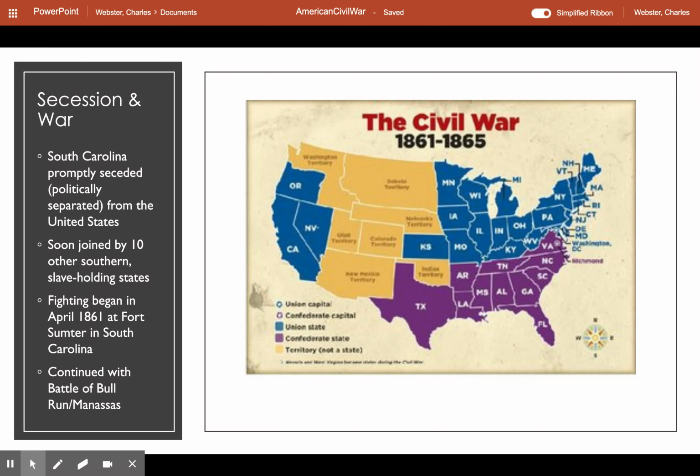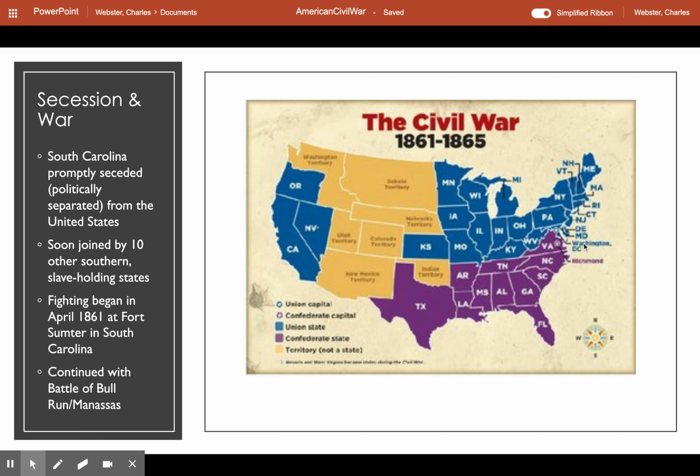And you had states like Missouri, which is in blue here, Kentucky and Maryland. They stayed with the Union, but they were still slave states. And you'll notice right over here on the right, Washington, D.C. is right here in blue.